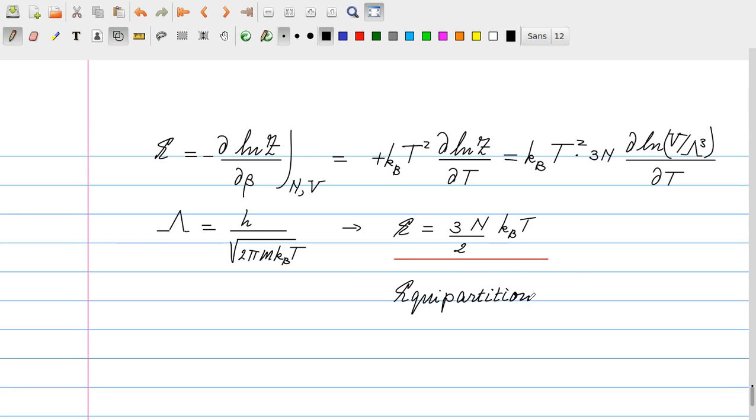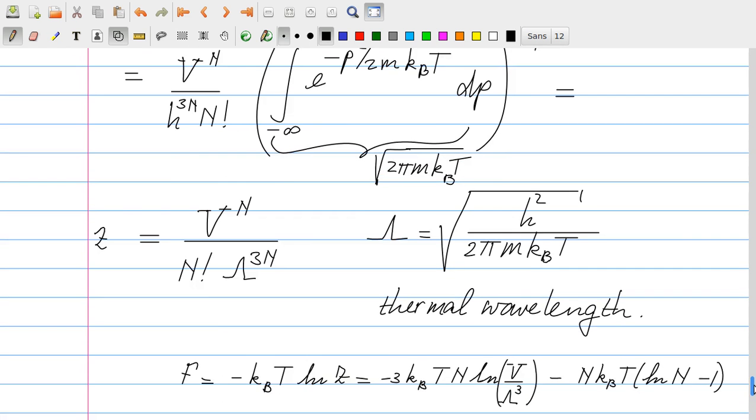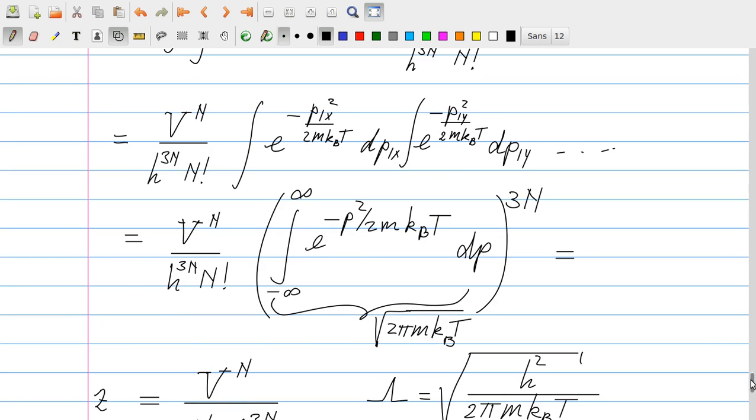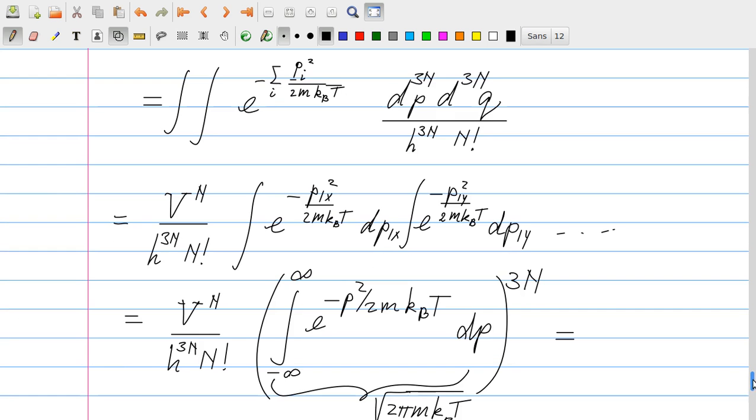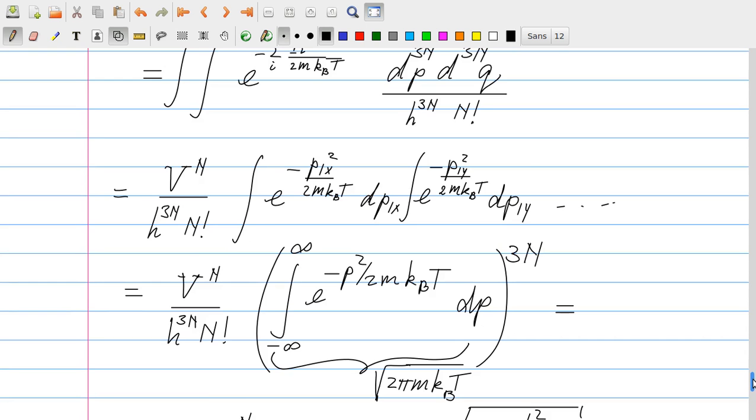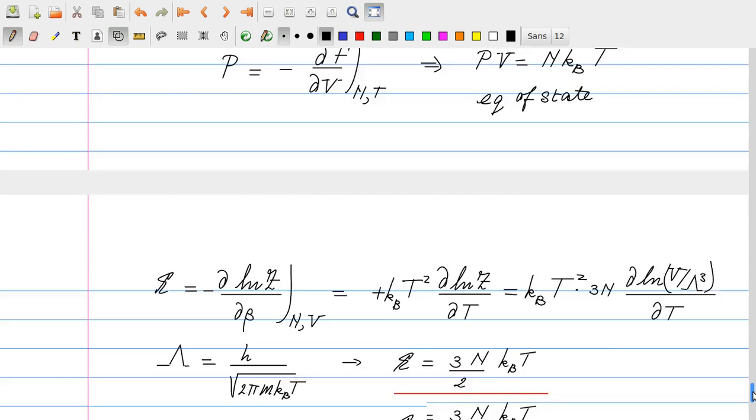And the equipartition theorem is a direct consequence of the analysis that we have made for the integral over the kinetic degrees of freedom. The point is that this integral over the kinetic energy factorizes in 3N independent integrals, and each integral gives you an independent contribution to Z, which then translates into an independent contribution to the energy.